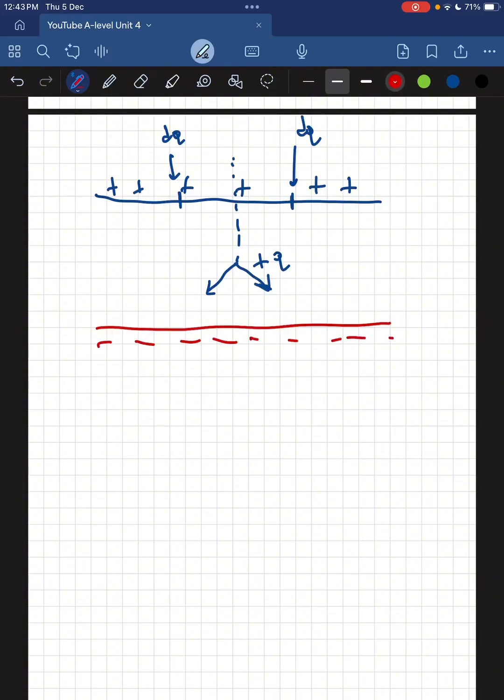I can analyze the force experienced by plus q into horizontal components, and you can immediately see that they cancel, and vertical components which do not cancel, okay? So the electric field between the space of these two plates is going to be pointing down vertically from the positive to the negative charge, okay? So this is how you find electric field lines.